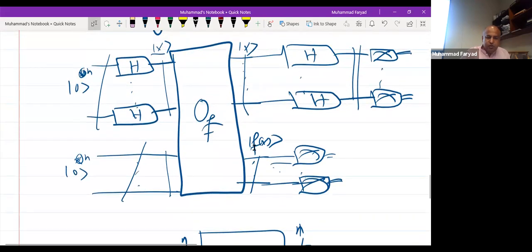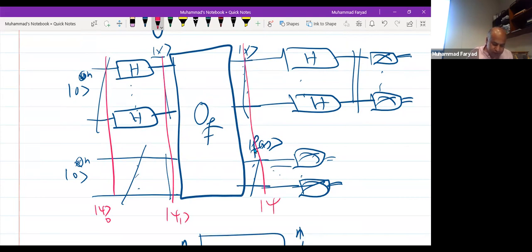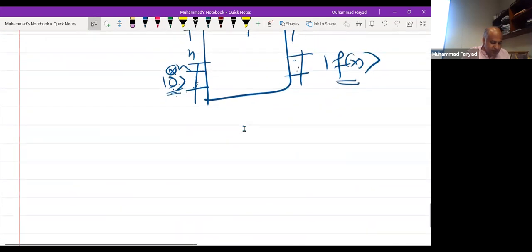Okay, so let's analyze this algorithm. For that, let me call the state over here psi naught, the state over here psi 1, the state over here psi 2, the state over here psi 3, and then we perform the measurements. Let's begin with psi naught.